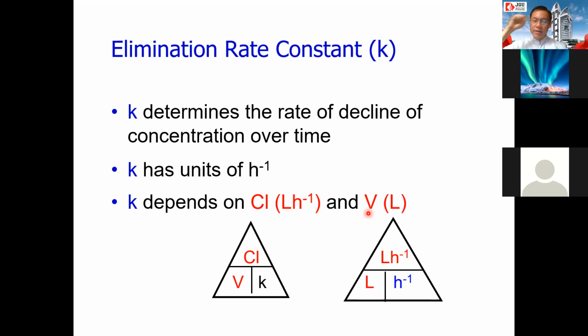How to memorize? Clearance, CL, is alphabetically the smallest, right? Clearance equals V times K, the VD and K.